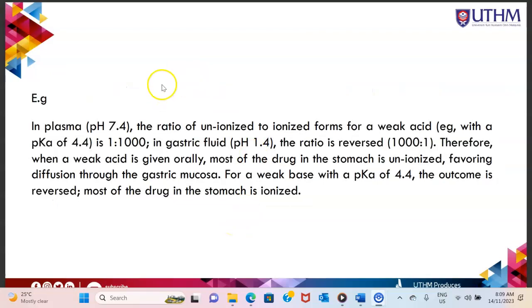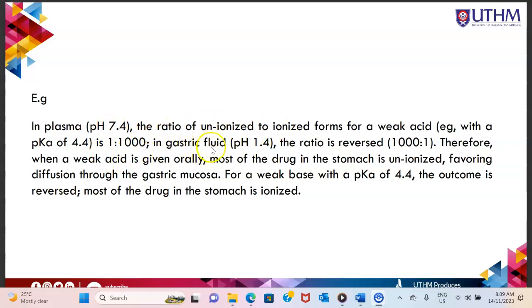So we give you an example. In blood plasma, where you have the pH of 7.4, the ratio of unionized to ionized forms for a weak acid, for example, with a pKa of 4.4 is 1 to 1000, right? So it's only 1 part unionized and 1000 parts ionized.